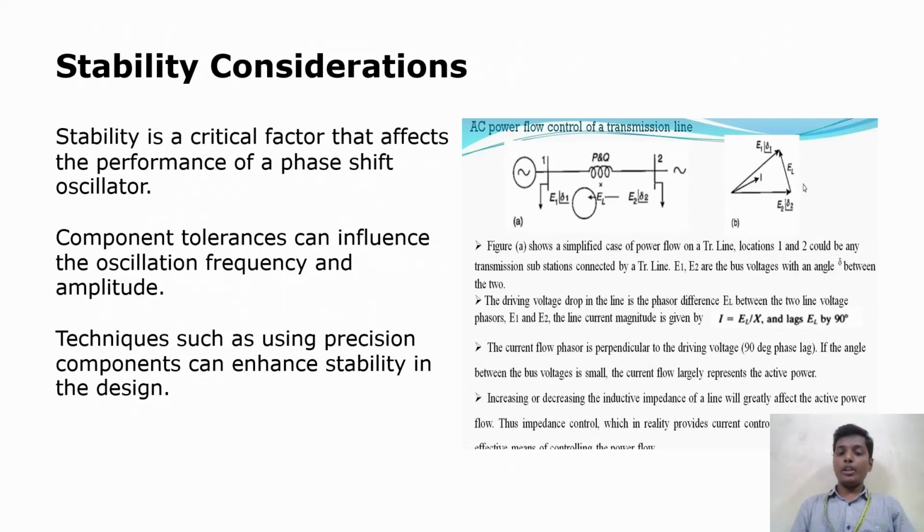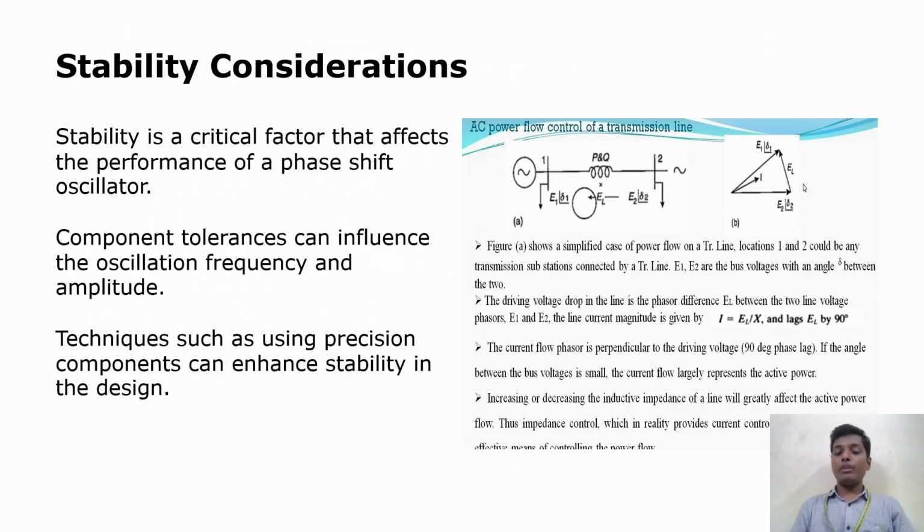The driving voltage drop in the line is the phasor difference EL between the two line voltage phasors E1 and E2. The line current magnitude is given by I equals EL by X and lags EL by 90 degrees. The current flow phasor is perpendicular to the driving voltage, a 90-degree phase lag.